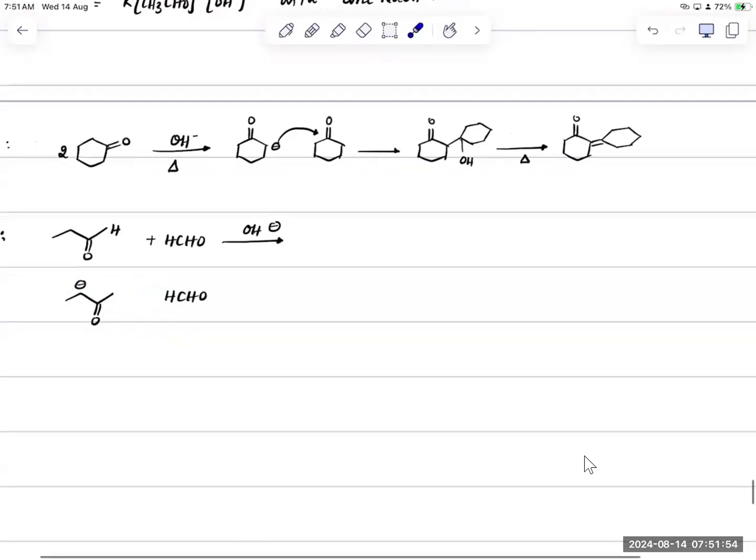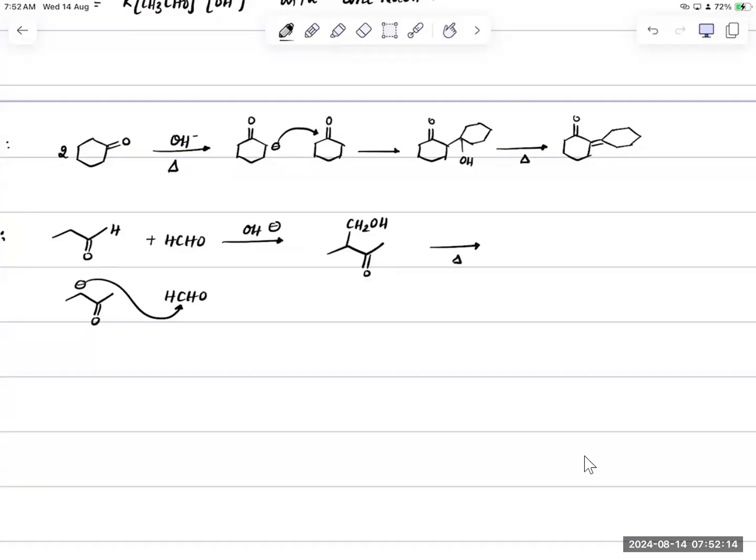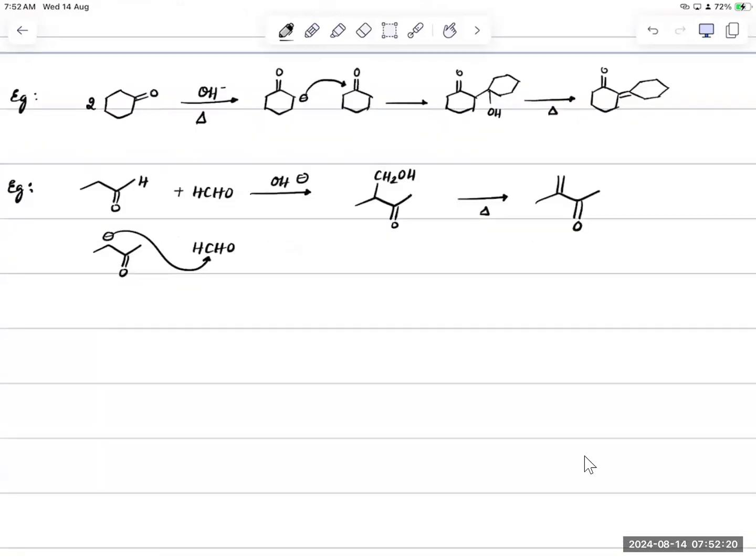So what is the product I will get? This minus charge will go and attack here. So I will get this as double bond O with CH2OH. And when you heat it, we will get a double bond here with double bond O. So this is the final product form.